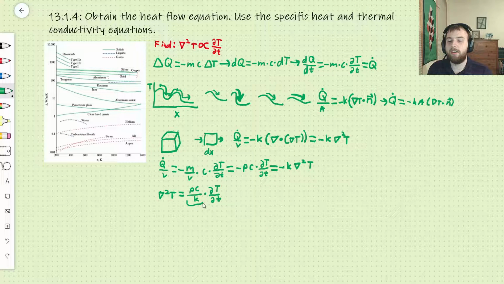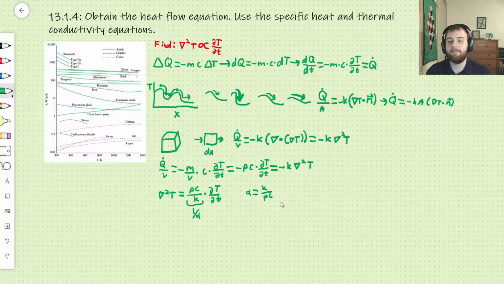This value here is usually referred to as 1 over alpha, where alpha is equal to k over rho c. And this is called the thermal diffusivity.